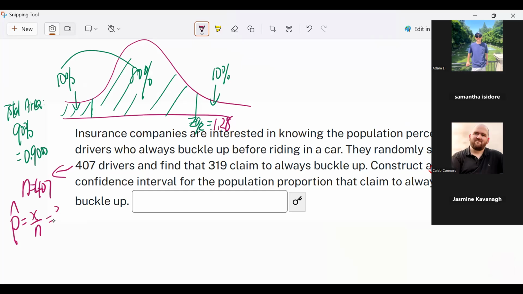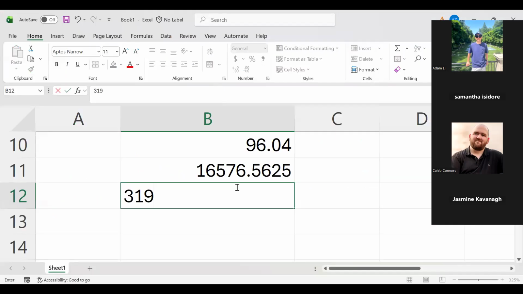You do 319 over 407. That will give us p-hat, 319 over 407.